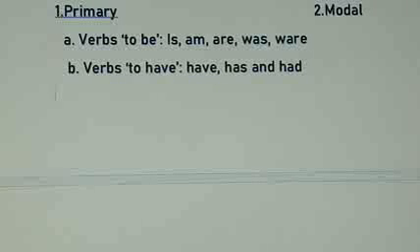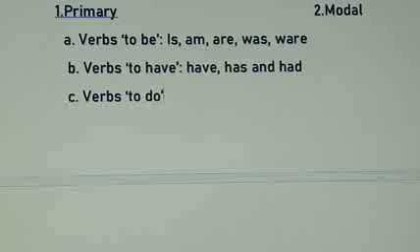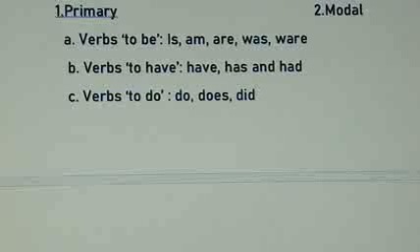Now, the third group of the primary auxiliary consists of verbs to do group. In this group, my dear children, we will come to know about do, does, and at last did.